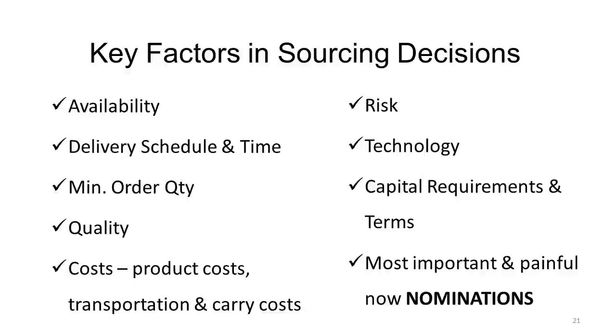Seventh point is technology. The vendors manufacture raw material using different technologies. Someone is using a traditional technology, someone is using an obsolete technology, and someone is using the state-of-the-art technology. Now if I want a product which is cheap and which can be made using regular technology, I want that.